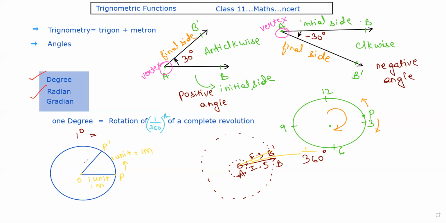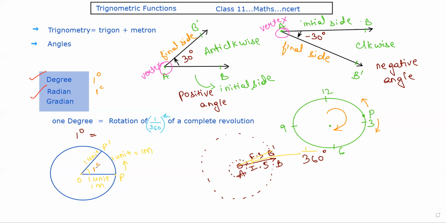We know that OP dash is also the radius, so this will also be 1 unit. The angle so formed over here at point O is called 1 radian. Now, degree is represented by a small circle as a superscript, and radian is represented by a small c as a superscript.